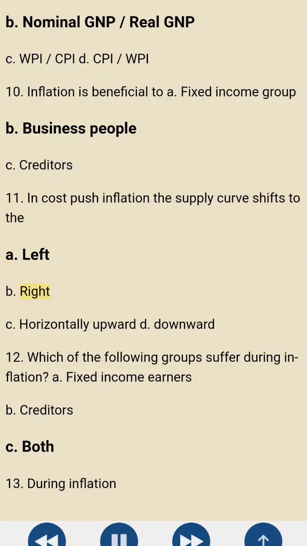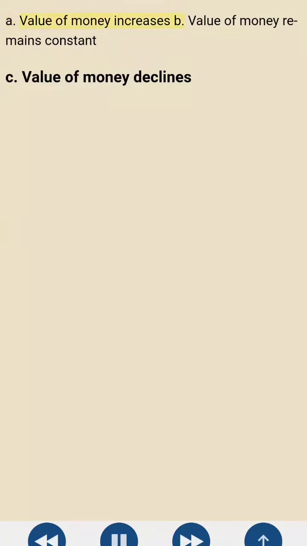B. Right. C. Horizontally upward. D. Downward. 12. Which of the following groups suffer during inflation? A. Fixed income earners. B. Creditors. C. Both. 13. During inflation, A. Value of money increases. B. Value of money remains constant. C. Value of money declines.